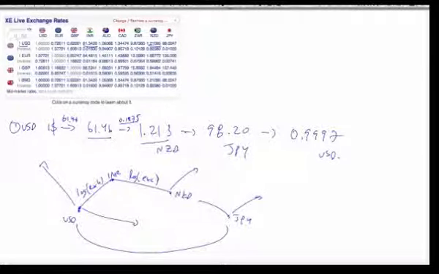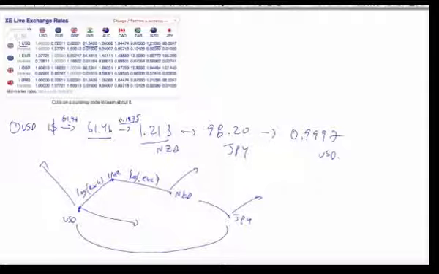Every time I convert from one currency to another, I'm multiplying by a conversion rate. That's why I take logarithms, because now that multiplication becomes addition. And once it's addition, I can phrase this problem as a graph problem, as a shortest path problem.